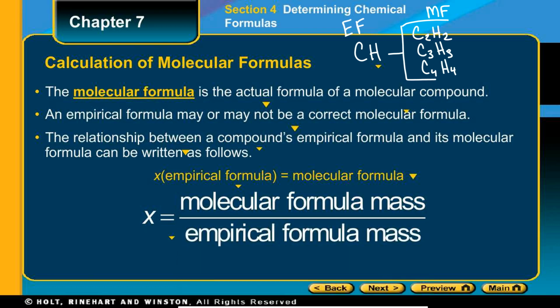So the formula for doing this is we will take the molecular formula mass, or the molar mass of the molecular formula, divided by the molar mass of the empirical formula.